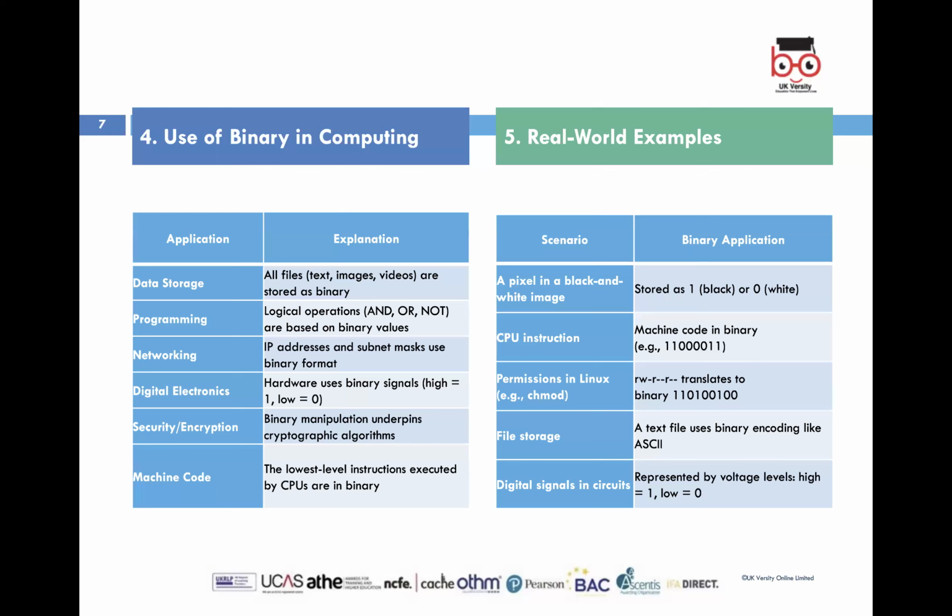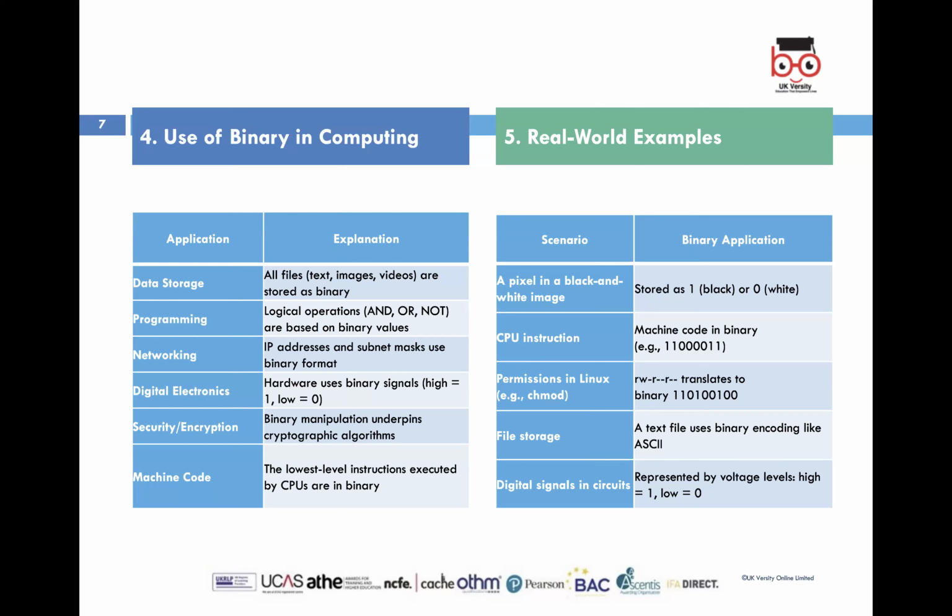So real world examples. A pixel in a black and white image: black is stored as 1 and white is stored as 0. CPU instruction: machine code in binary, as shown in the example.